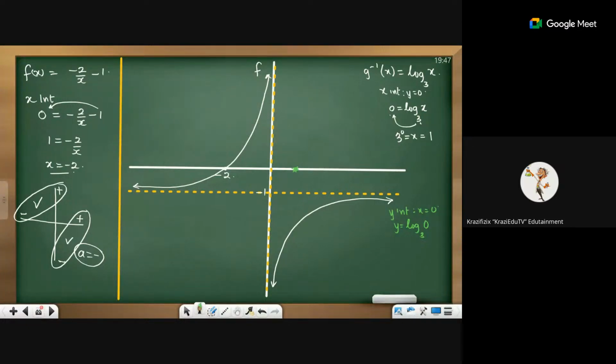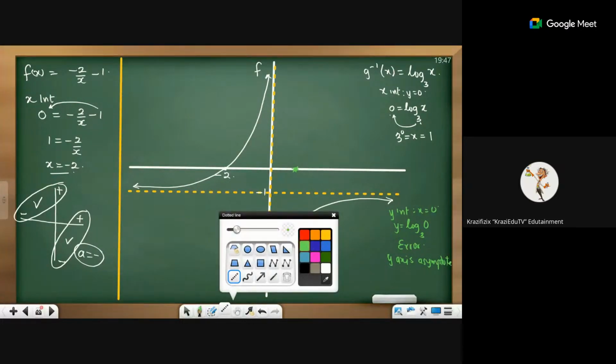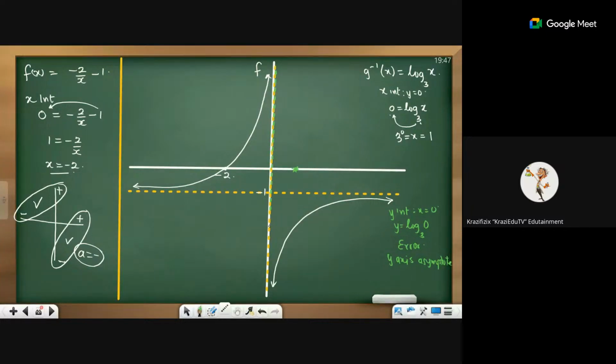It means the y-axis now becomes my asymptote. Error, because that's what asymptote means. All right? It makes sense. Do you see we have the same asymptote for both the graphs?